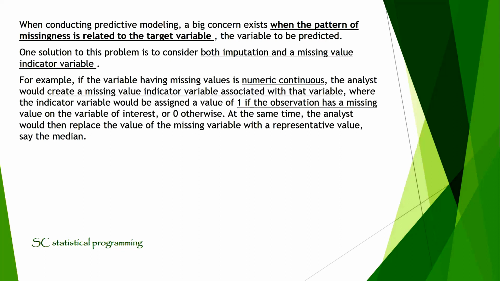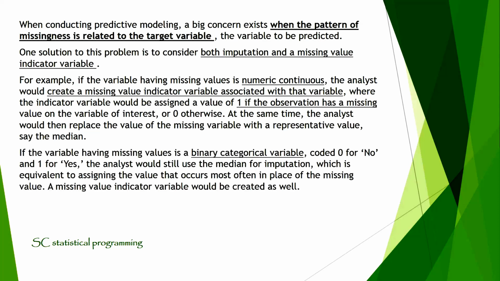For example, if the variable having missing values is numeric continuous, the analyst would create a missing value indicator variable associated with that variable, where the indicator variable would be assigned a value of 1 if the observation has a missing value on the variable of interest, or 0 otherwise. At the same time, the analyst would then replace the value of the missing variable with a representative value, say the median.